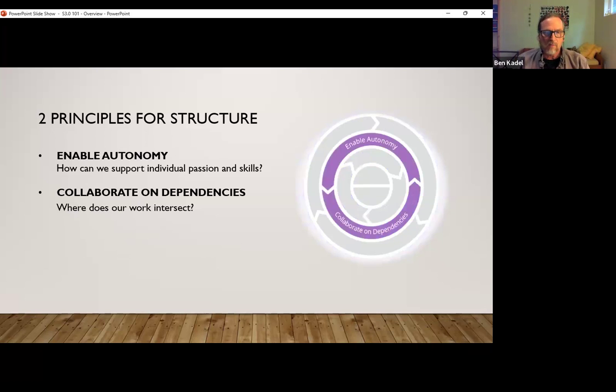So once we use the principles for orientation and for navigation to help us make decisions about what we're doing day-to-day, the next level out is we think about how we structure that work. So what is that kind of container that we want in our organization that helps us move forward and not step on each other's toes? And here there are two principles that are very much a balancing act.